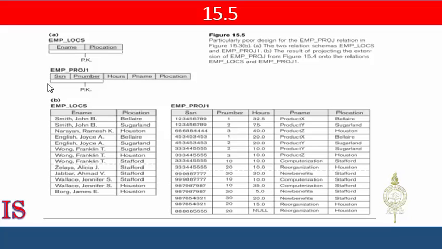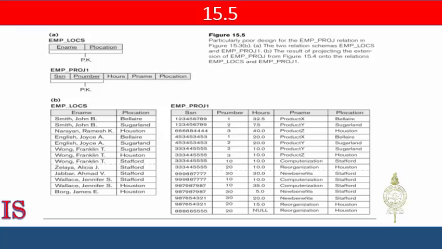A tuple in EMP_PROJ1 refers to the fact that the employee whose social security number is SSN works hours per week on the project whose name, number, and location are Pname, Pnumber, and Plocation.